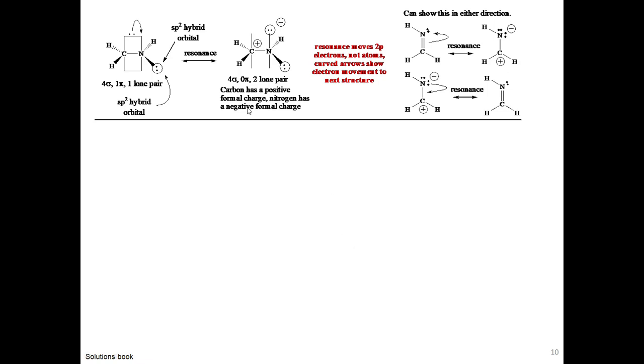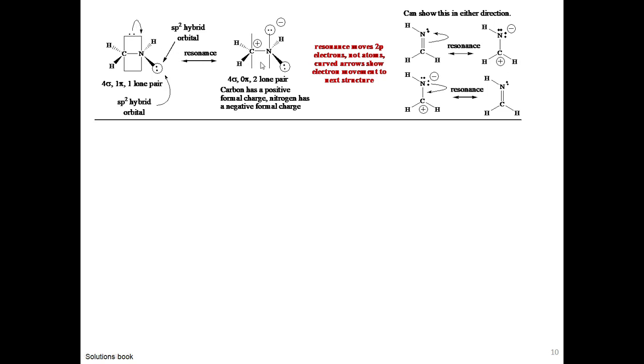Now we can do this with nitrogen. So again, I did this with nitrogen, but notice what happens. Nitrogen only makes 3 bonds. I got the sigma bond and the pi bond and a sigma bond with H. And then the fourth one is a lone pair. So that again, that's a hybrid orbital, sp2. And as before, I could move the electrons over to the nitrogen because it's more electronegative.